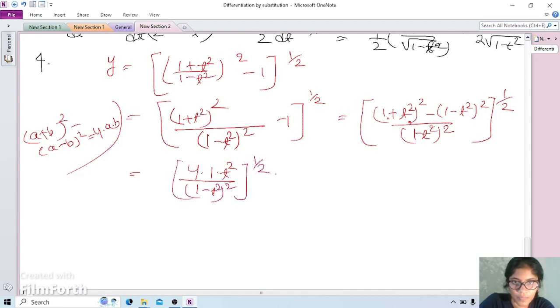We may write tan inverse root x plus tan inverse root a. According to this formula, we will write this.